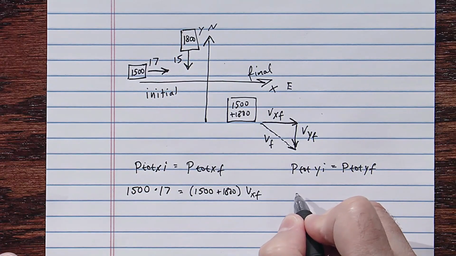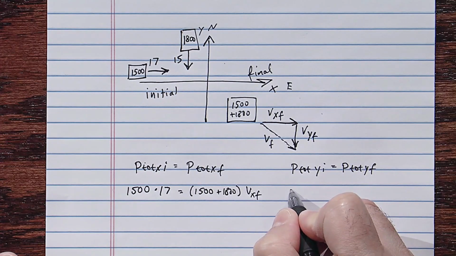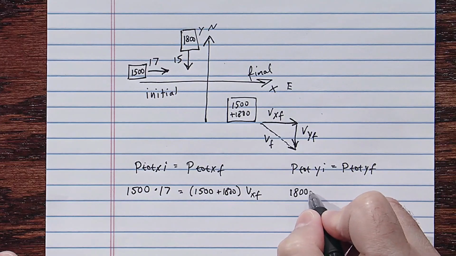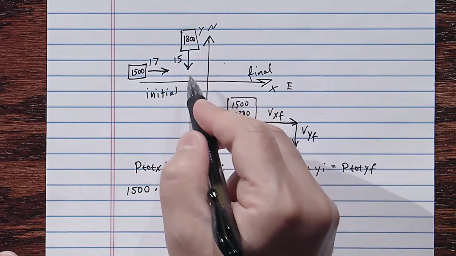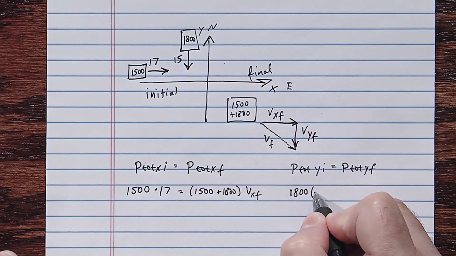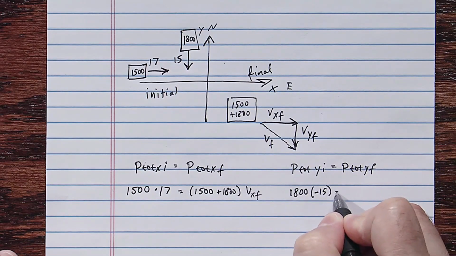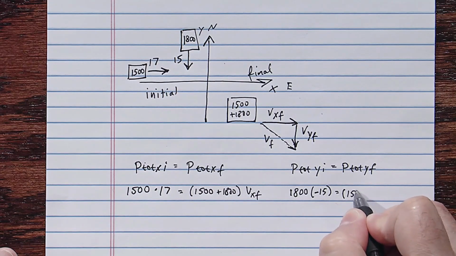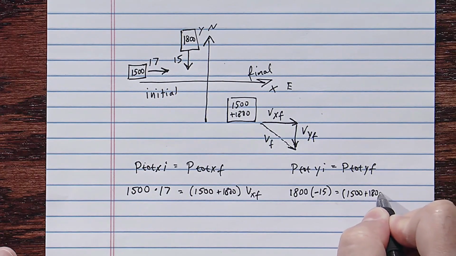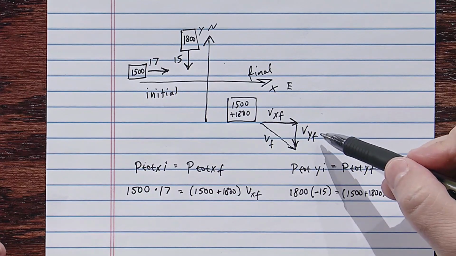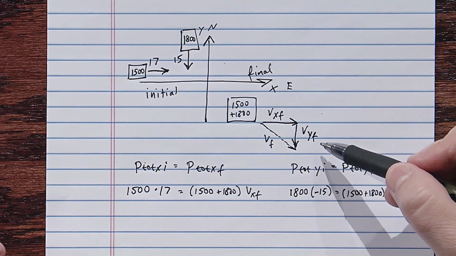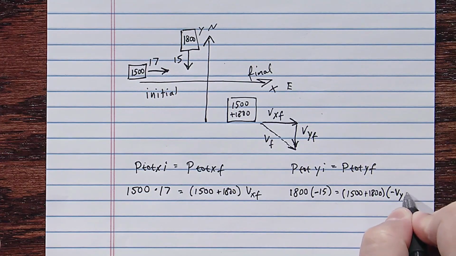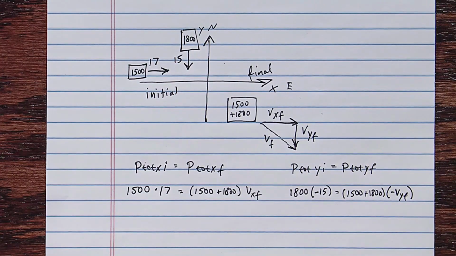And in the Y direction, we have 1,800 kilograms moving with negative 15 meters per second, and that is equal to 1,500 plus 1,800. And our Vy final, we're assuming, is going to be in the negative Y direction, so minus Vy final.